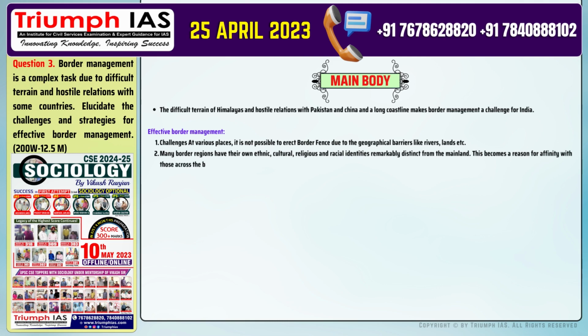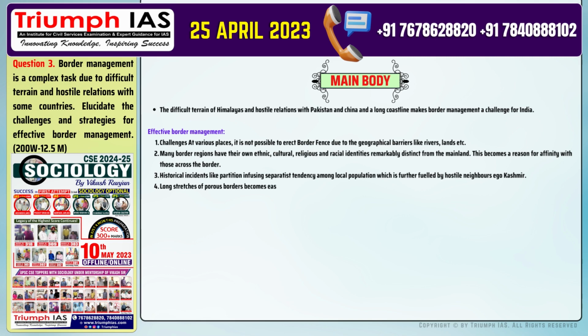This becomes a reason for affinity with those across the border. Number 3. Historical incidents like partition infused a separatist tendency among the local population, which is further fueled by hostile neighbors, as in Kashmir.